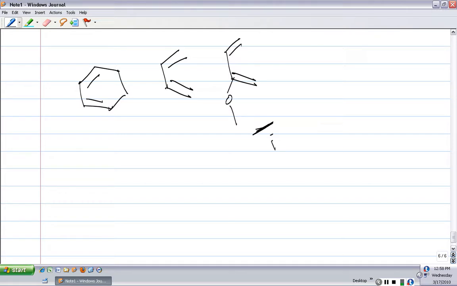Number 3. It is the most active because my diene has a group that can dump electron density into it by resonance. This one is second because this diene has 2 alkyl groups on it that can dump electron density into it by induction. This is third because this has no groups that can dump electron density into it.